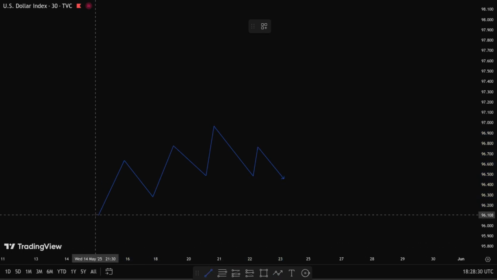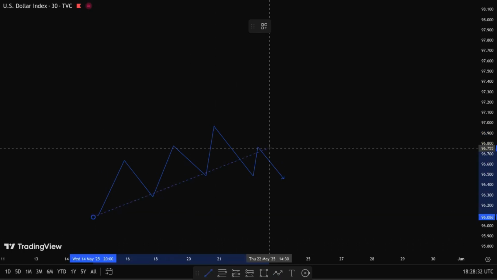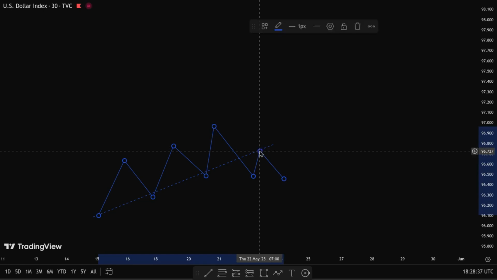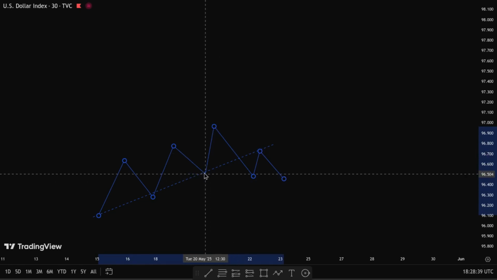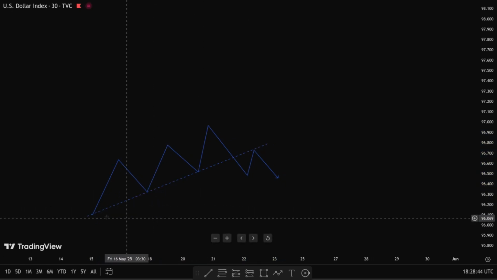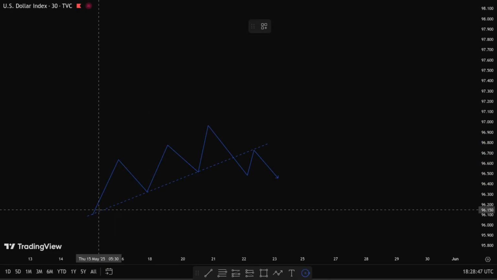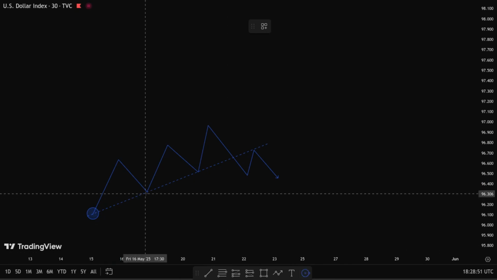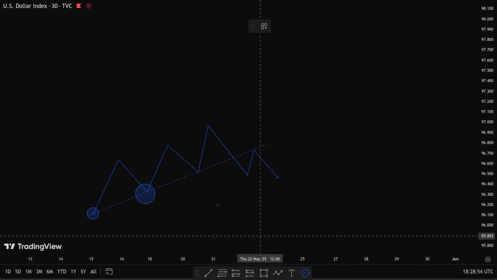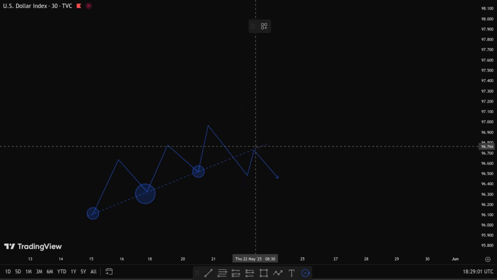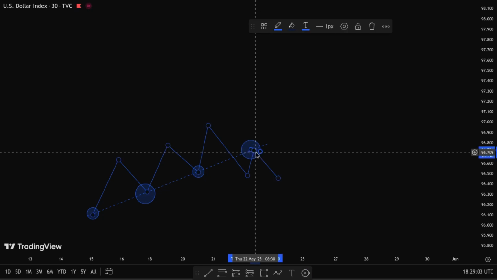Let me draw the line for you so you can see it clearly. Is what I mean. So this is a theory, right? It works sometimes. I won't lie, to be honest. It works sometimes, or most times, that whenever price forms this first bounce, then second, then third, there's high probability that the fourth bounce is going to be a break and a retest for confirmation before you now go for the sell.